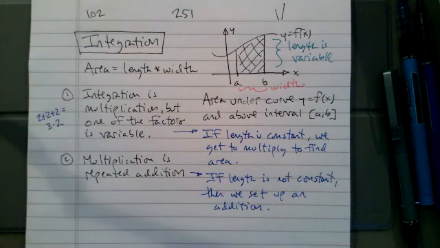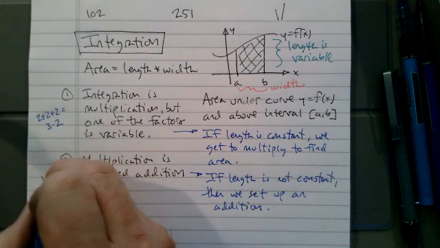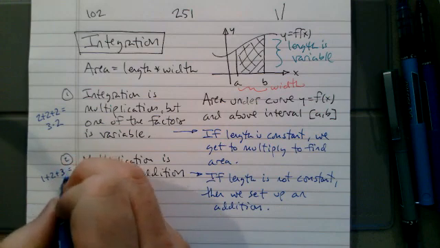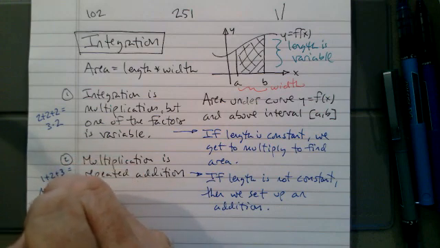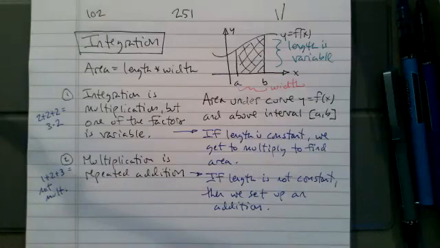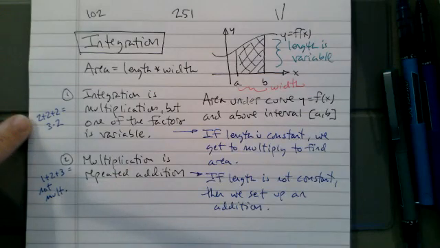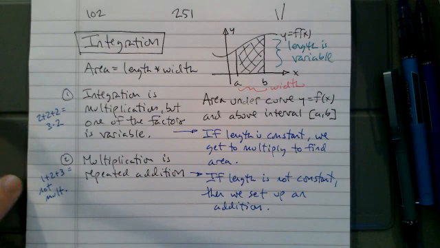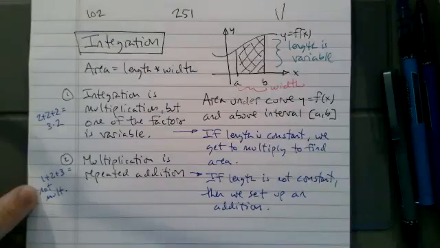But if I have different values, 1 plus 2 plus 3, this is not multiplication. If all the terms are the same, we get to multiply. If the length is constant, we get to multiply. If the length is not constant, then we have to set up an addition problem.